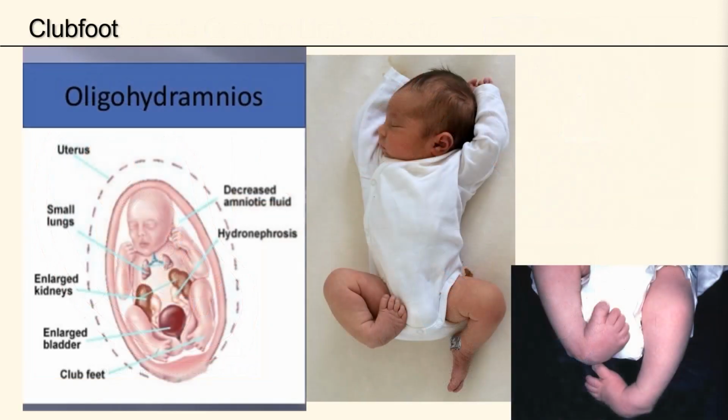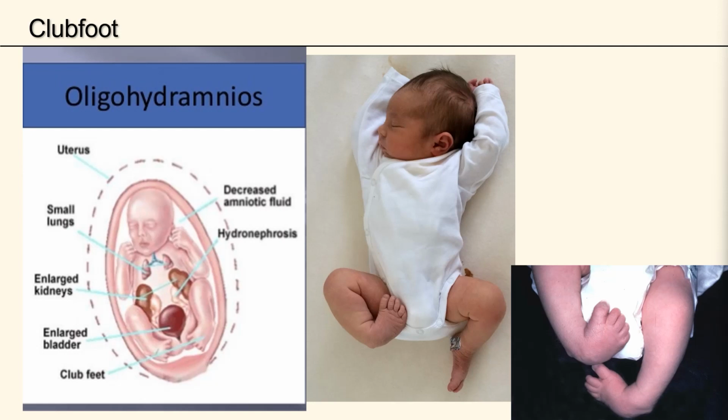A club foot is an example of a deformity. Club foot can arise from oligohydramnios, essentially a failure to form enough amniotic fluid. This could be from poor development of the kidneys or numerous other reasons. If we don't develop enough amniotic fluid, that amniotic cavity can be compressed and restrict the formation of the fetus, which can lead to a club foot.